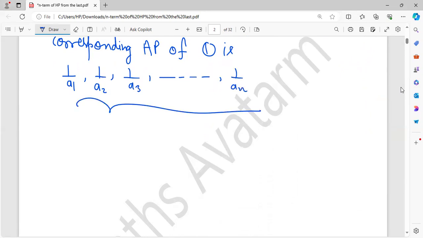So this is the corresponding AP. Let's say it is 2.